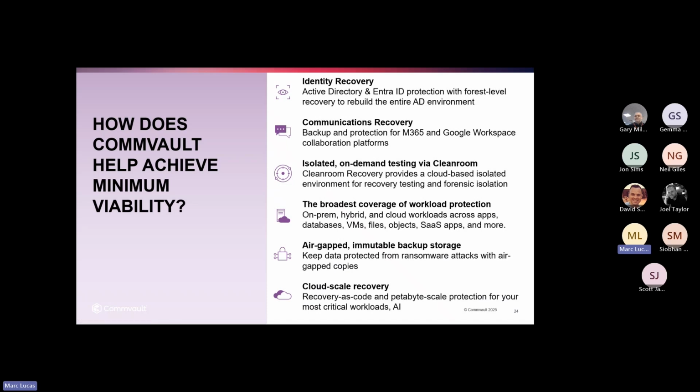And built into that, and this is the secret sauce with our clean room, is the automated process to then bring everything within that clean room online. I won't mention the next one because we've talked about that: best workload coverage ever, air-gapped and immutable indelible storage, and Commvault is built on enterprise level cloud scale recovery as well.